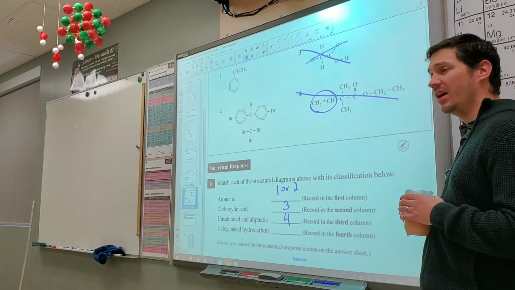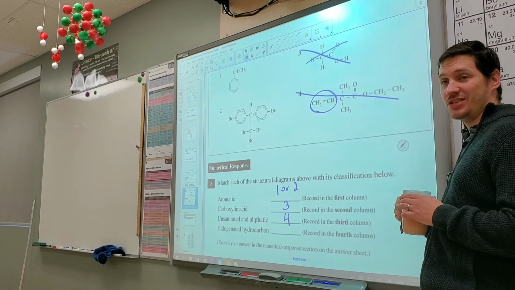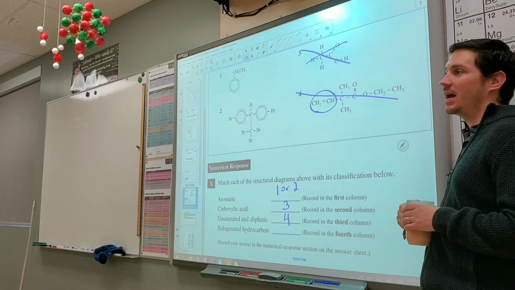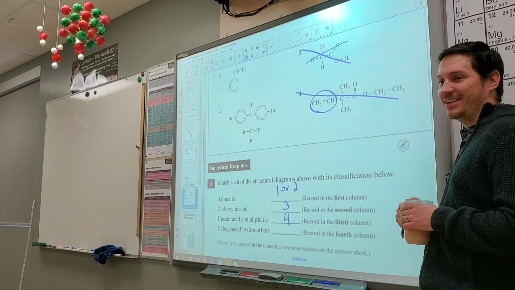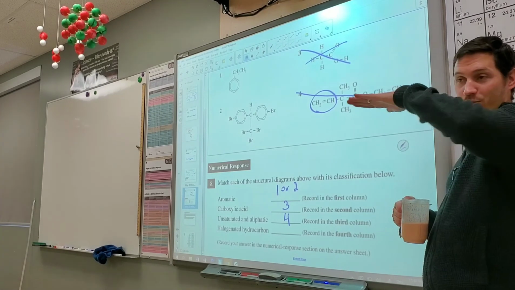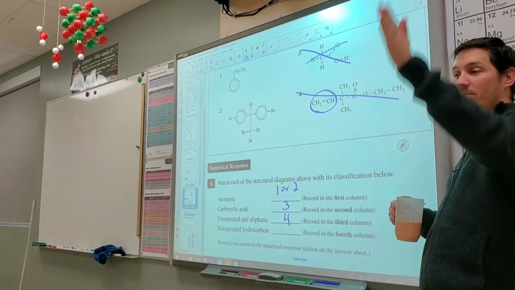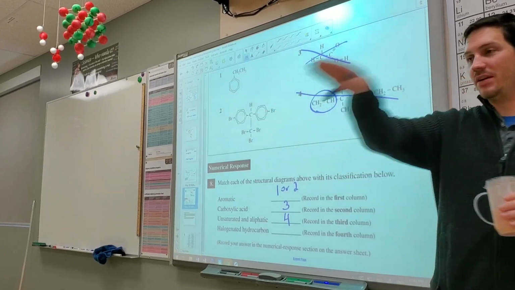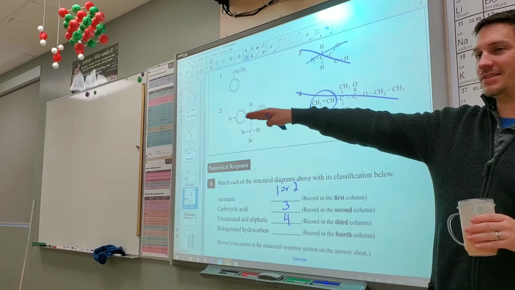Then the halogenated hydrocarbon. What is a halogen? Family number 17, the column or group, row, period, same thing.